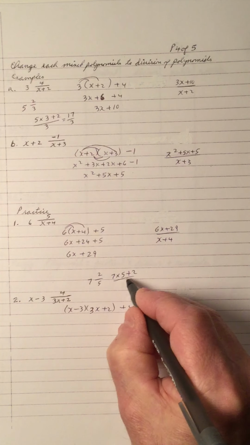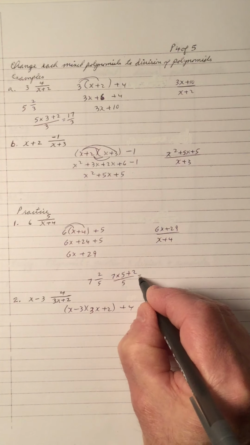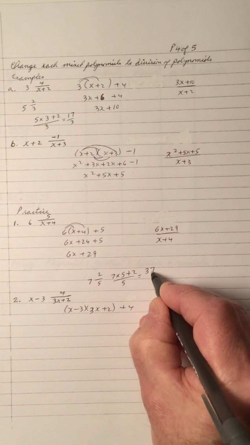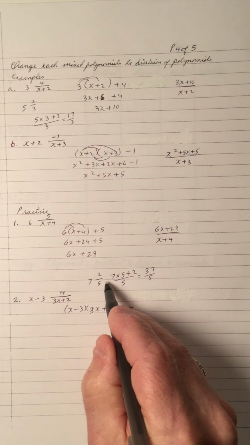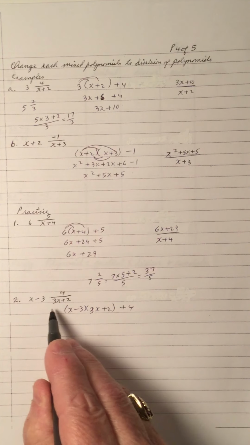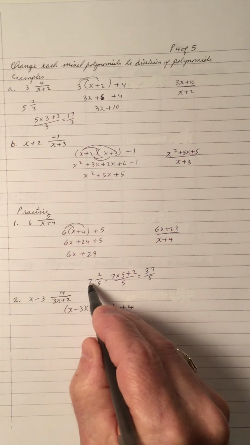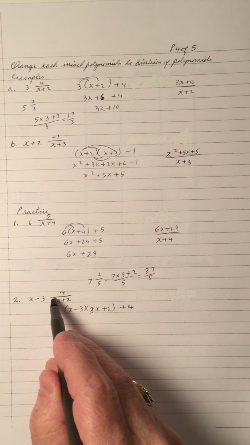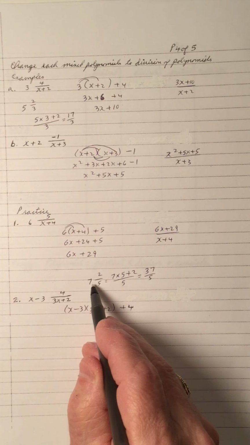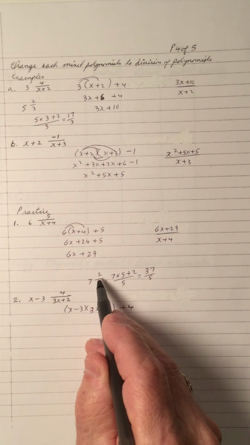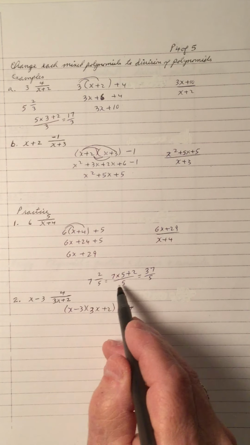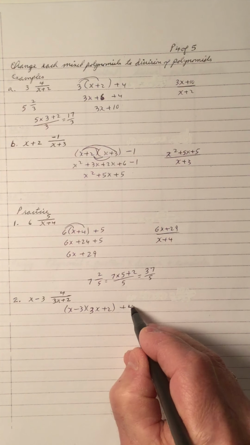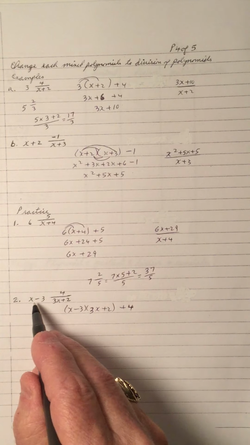To change it back to an improper fraction, we practiced that before, so that would be 37 over 5. I'm just doing this as an extra to show you how I'm working this out so you won't forget. Because if I forget what to do here, I rewrite this problem like this, and I say, oh, I remember now. 7 times 5 is 35 plus 2. I've got to multiply these two and add that. So that's what I'm doing here, because once you know what you're doing here, this is the same thing.